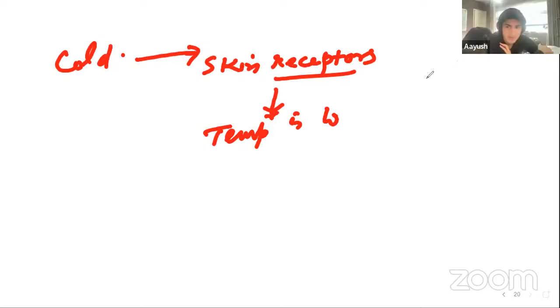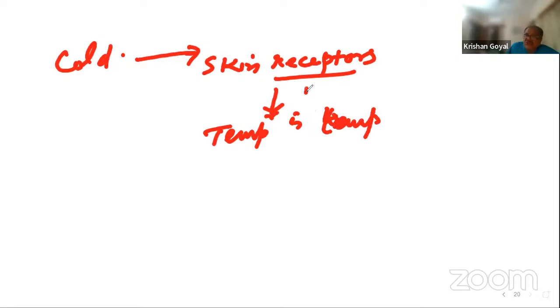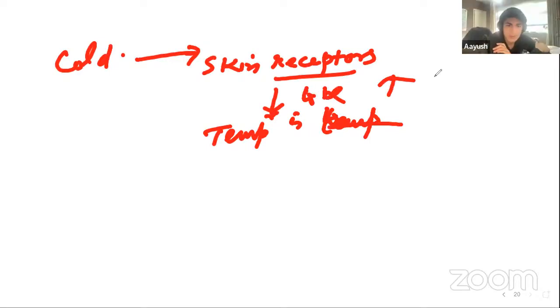They have told us, that's why we will raise the temperature. Otherwise, we will not come to know. Got my point? Then it is decided by the brain what to do and what action should be taken.